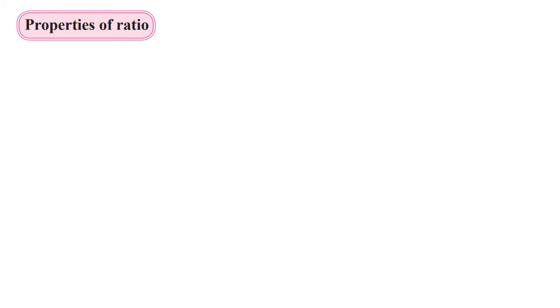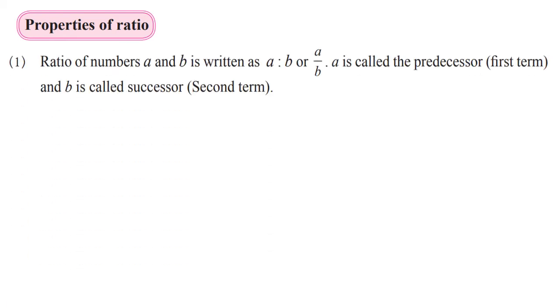The first property here is of ratio, that the ratio of two numbers A and B is always written as A is to B, using this symbol, which is called a colon, or it is written as A upon B. Here, A is called the predecessor or first term, and B is called the successor or second term. Okay. So, A is predecessor or first term and B is successor or second term.